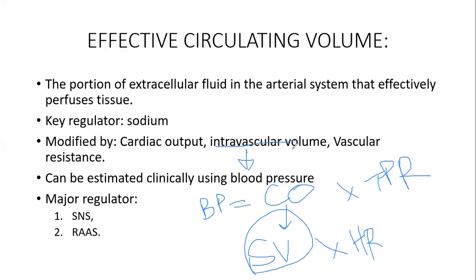So intravascular volume is down. That means cardiac output is down. That means blood pressure is down, right? Since cardiac output is down, stroke volume is down, total body water is also down, right? Total body water is down. But since cardiac output is down, leading to blood pressure compromise, the effective circulating volume is also down.